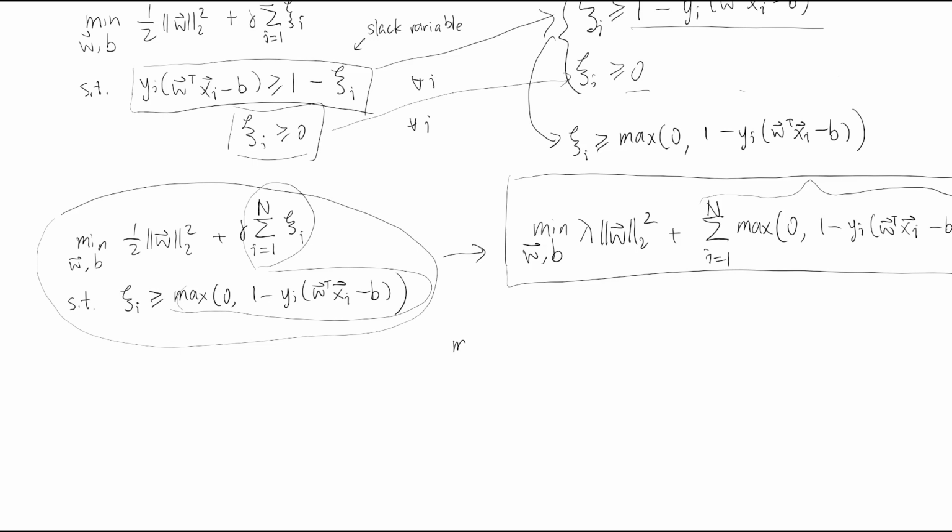Now if I just rewrite this by changing the order, I will have something that looks like this. Sum over all data points of max of 0, 1 minus yi, w transpose xi, minus b, plus lambda times the 2 norm of w squared.